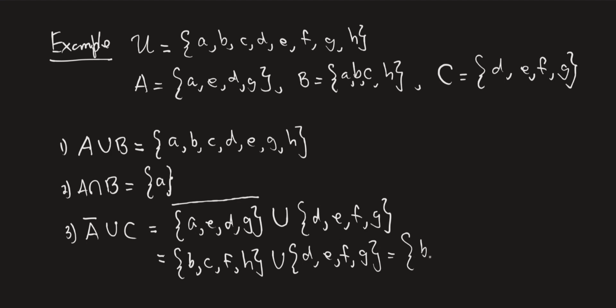So we have B, C from these two, and then we have D, E from these two. And then we have F common in both, but that's fine. The union has everything. And then G and H. And that's the complement of A union C.